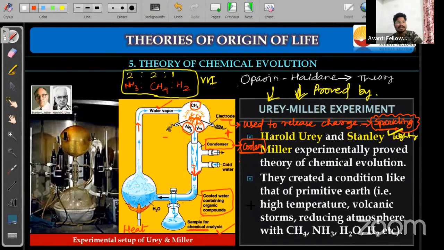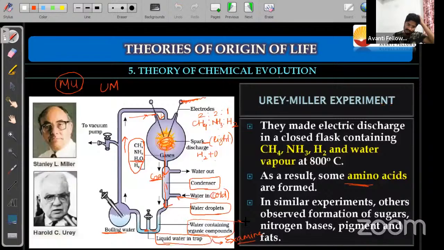Many other things were there like simple chemicals. सारे simple chemicals उनको मिल गए यहाँ पे. Aldehydes, then amino acids, purine rings, pyrimidine rings, ये सारा मिल गया यहाँ पे sample में. ठीक है? So this is the experiment conducted by Urey and Miller. यूरे मिलर ने इस एक्सपेरिमेंट को कंडक्ट किया था. वो चीज को यहाँ पे और एक बार दिया गया है, उसको देख सकते हो आप.